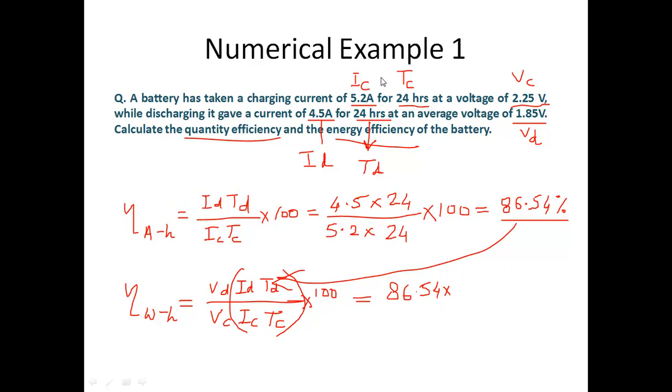VD is 1.85, divided by VC, that is 2.25. Now this comes out to be approximately 71.15%.